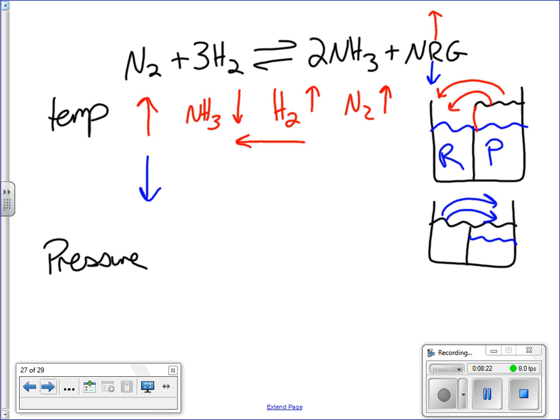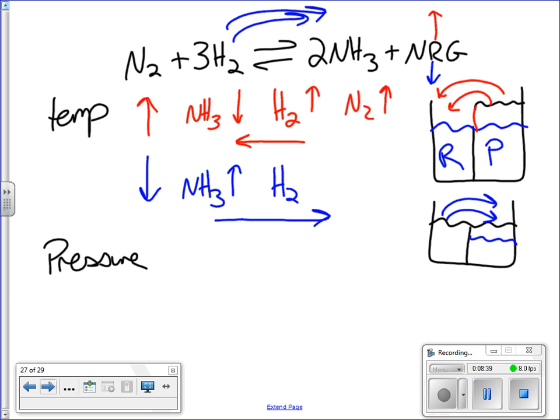So in this case, my equilibrium is going to shift to the right. My NH3 is going to increase in concentration. I'm going to produce more of it. I'm going to encourage the reaction to go this way to reach that equilibrium balance again. My H2 is going to be used up, and my N2 is going to be used up. Okay? So treat energy like it's a reactant or a product.